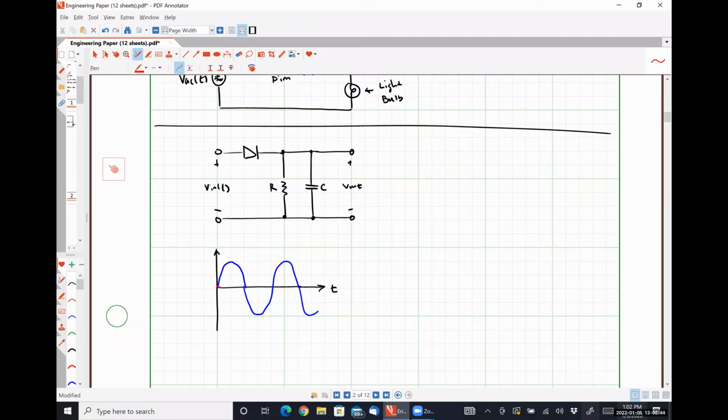So that's our input voltage, the blue. And our output is going to do something like this, right? So that capacitor, let's talk our way through how this thing works, okay?